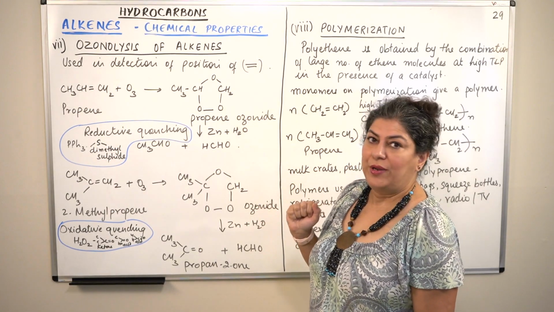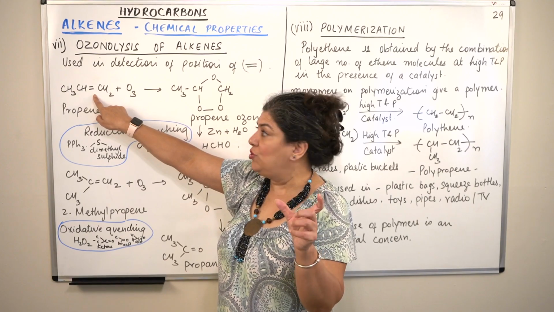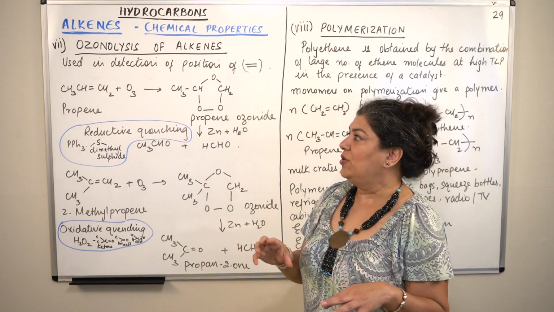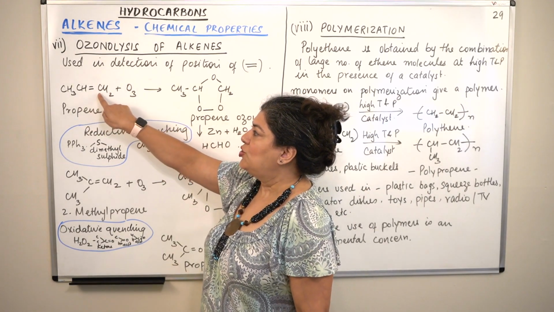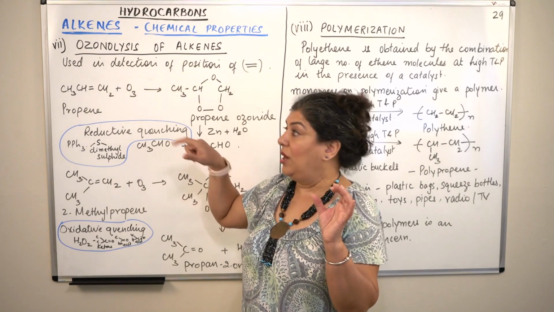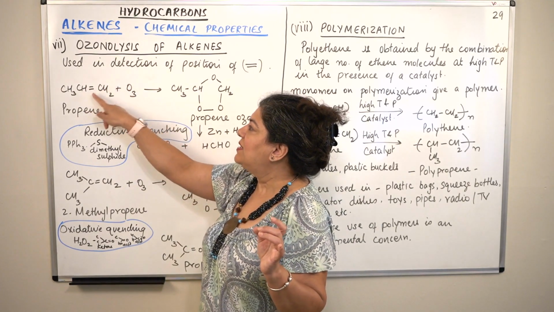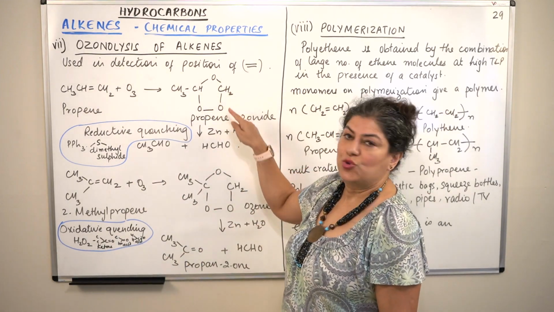So how is the ozonide formed? Let us say you are just given a reaction and you're told to carry out the ozonolysis of this. What will you do? You will target the two carbons where the double bond is, remove the double bond and insert the ozone, that is all the three oxygen atoms, in this way.